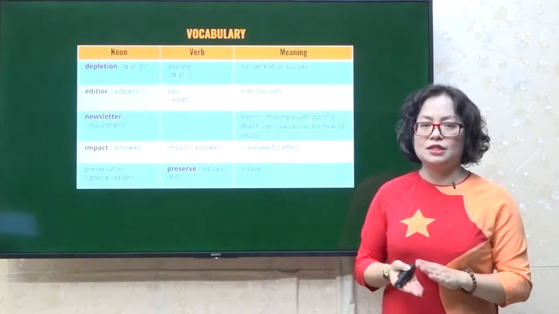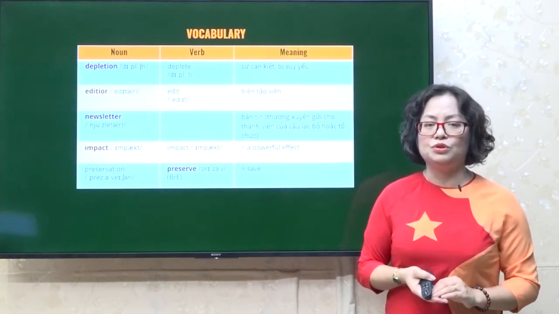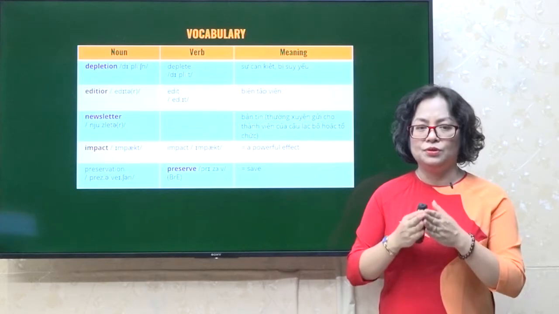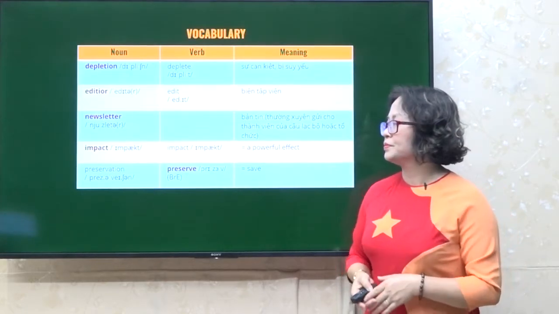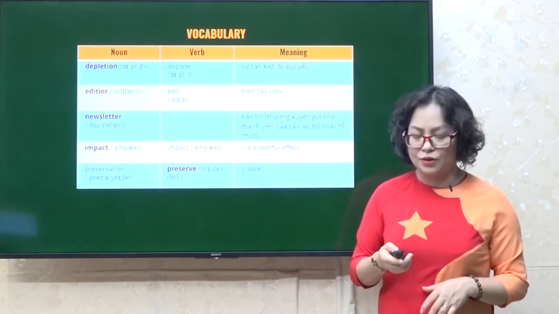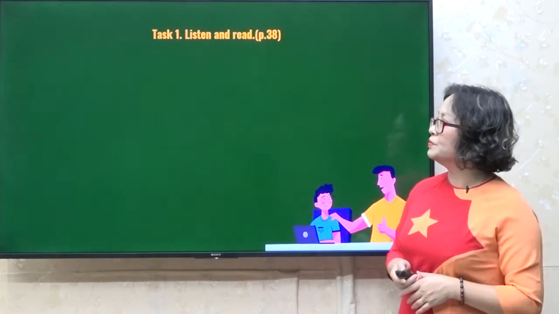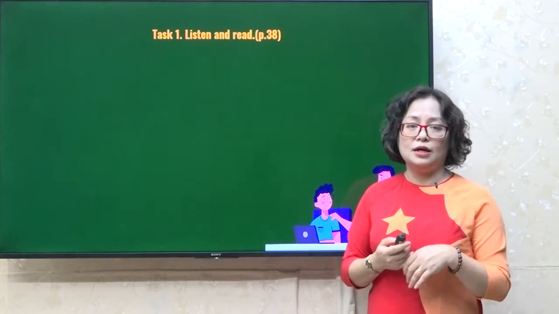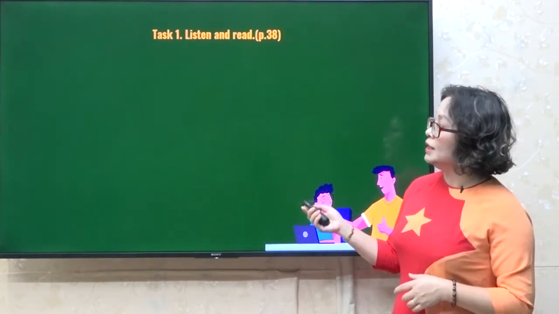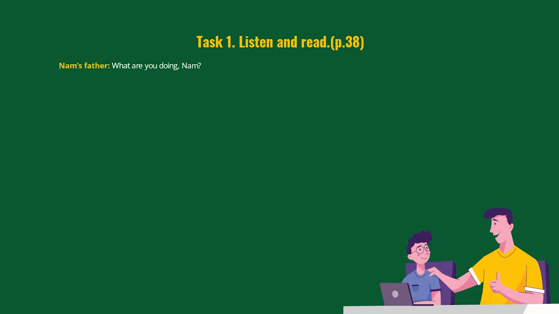Remember that this is one of the best ways for you to learn vocabulary. Try to copy down and then memorize them. Have you finished yet? Now let's continue. Let's come to our real lesson. Listen and read.